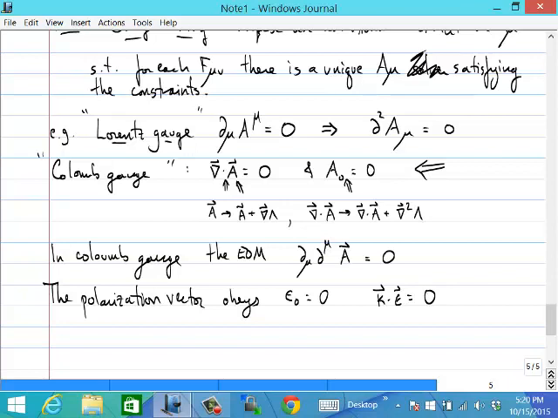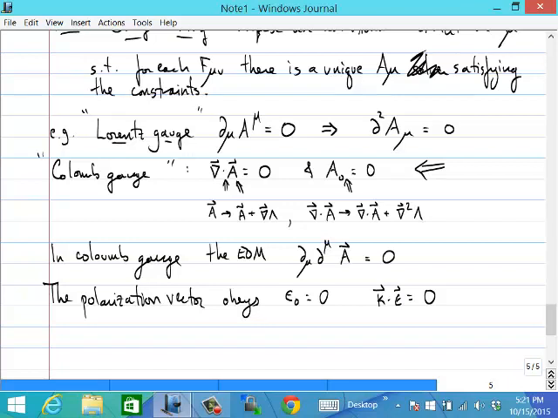That's just the usual statement you're probably familiar with from electromagnetism, that the polarization of an electromagnetic wave is transverse to the direction of propagation of the wave. It turns out that's a consequence of what gauge we chose. You could choose other gauges where you have a longitudinal polarization of the photon in its direction of propagation.